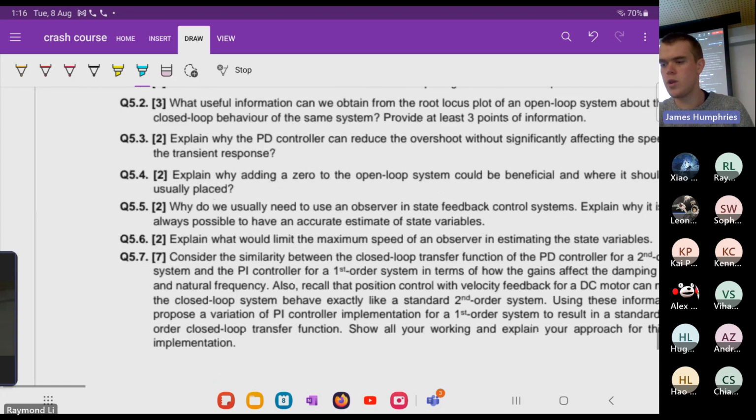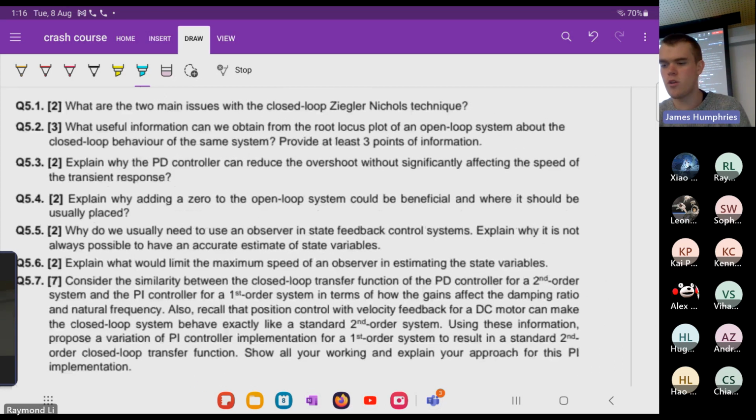Okay, then we have question 4. Explain why adding a 0 to the open loop system could be beneficial and where it would be usually placed. What does that just mean? What do you mean?